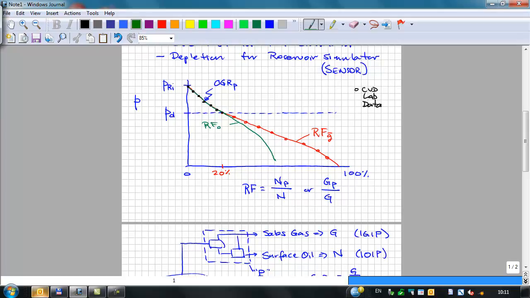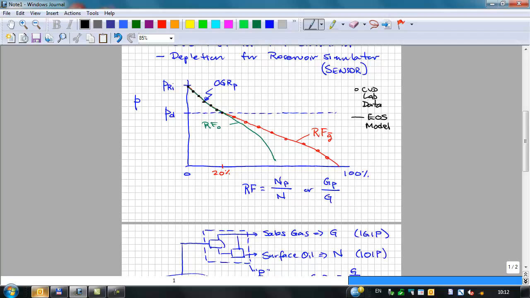I'm going to say that the lines we have here are from our EOS model. And what I'm telling us is that if we use a PVT simulator model with CVD, or if we use a reservoir simulator model with the same EOS, we should get the same line. That's what we're going to try to do this morning.